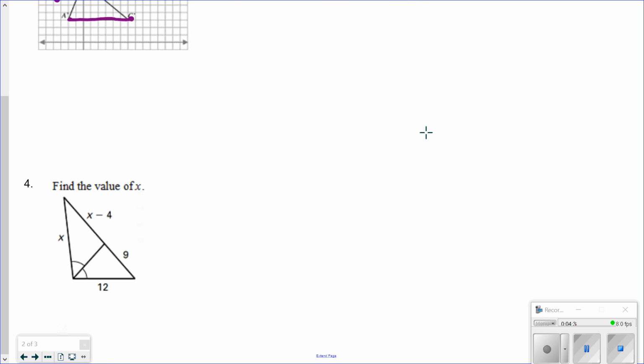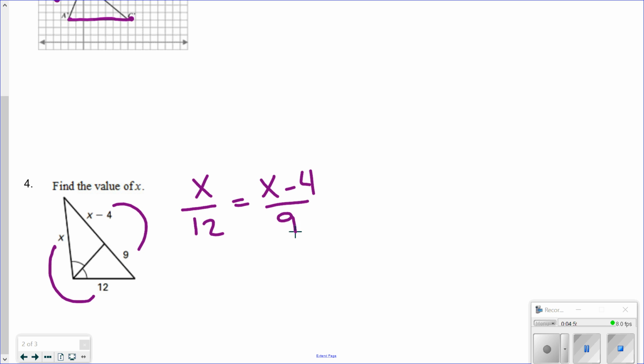For number 4, we're going to find the value of x. So I have two triangles here. I need to make a proportion. So I'm going to start comparing x to 12. So x divided by 12 is equal to, I'm going to look at these two sides, x minus 4 divided by 9. Next, I'm going to cross multiply. So x times 9 is 9x. 12 times the entire quantity, x minus 4, I'm going to write as 12 times (x minus 4).